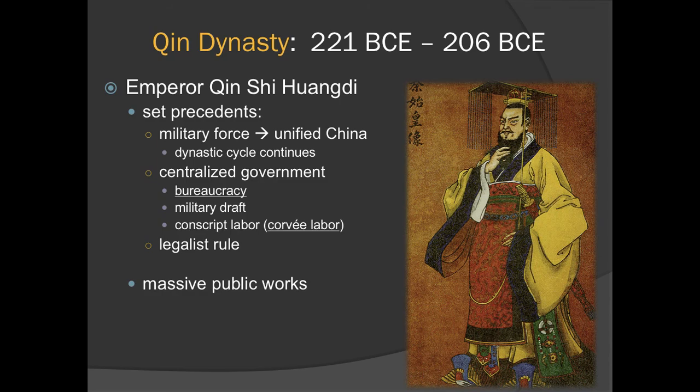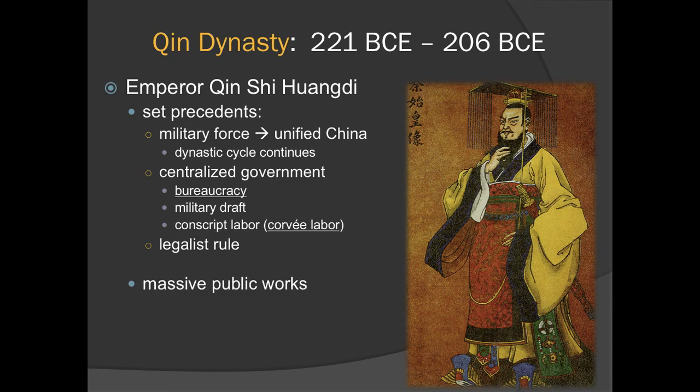This is a key term to know, corvée labor, where peasants, mostly men, were required for several months out of the year to complete government work, whether it's building roads, building defensive walls, palaces for him. This was obligated upon all peasant men if they were able, required by law. And it's one thing that led to his downfall, this implementation of corvée labor.